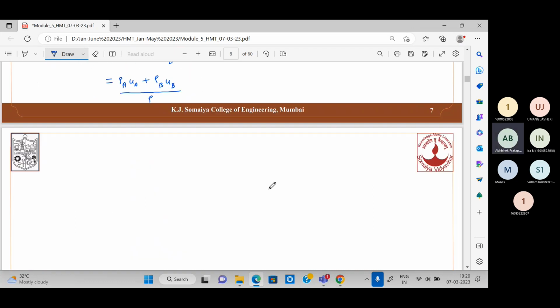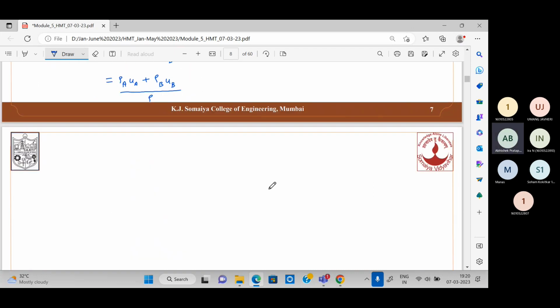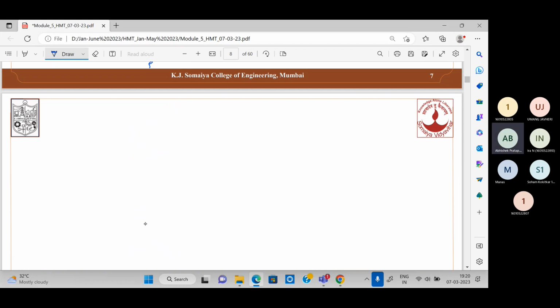Now we'll see the molar one. The molar average velocity is UA CA plus UB CB, divided by CA plus CB.